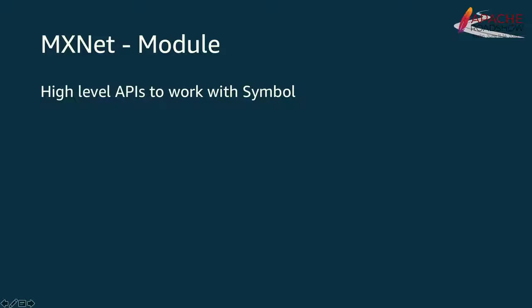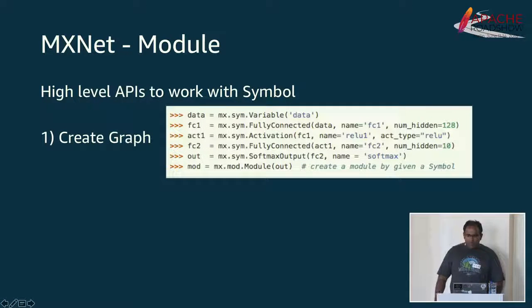There's another set of APIs called Module, which is designed to be high-level APIs to work with Symbol. Module represents computational components that execute forward and backward pass on the network, and also it updates the parameters, which are the weights. With these APIs, you first create a graph of the network. In this example, we have two fully connected layers. Fully connected is something that has straight connections, and there are other types of networks called convolutional and RNN.